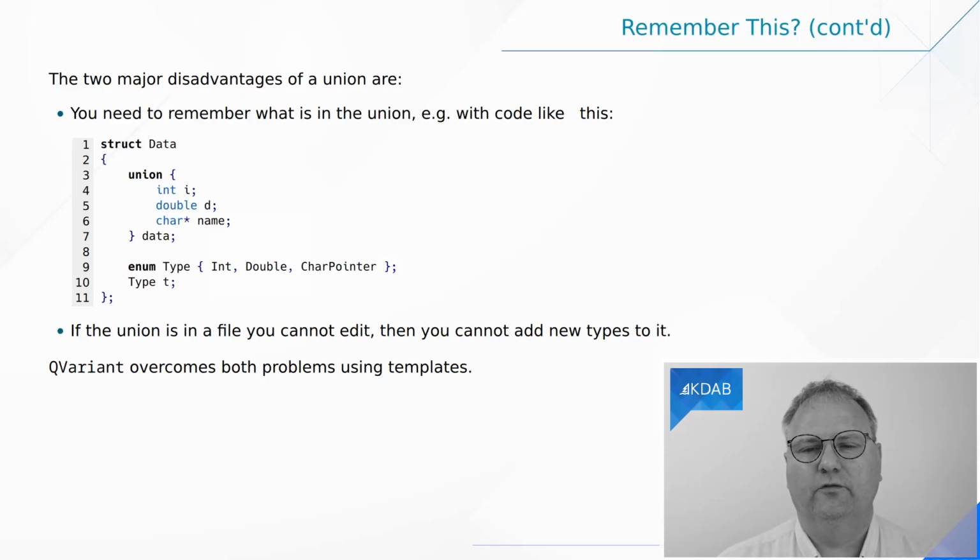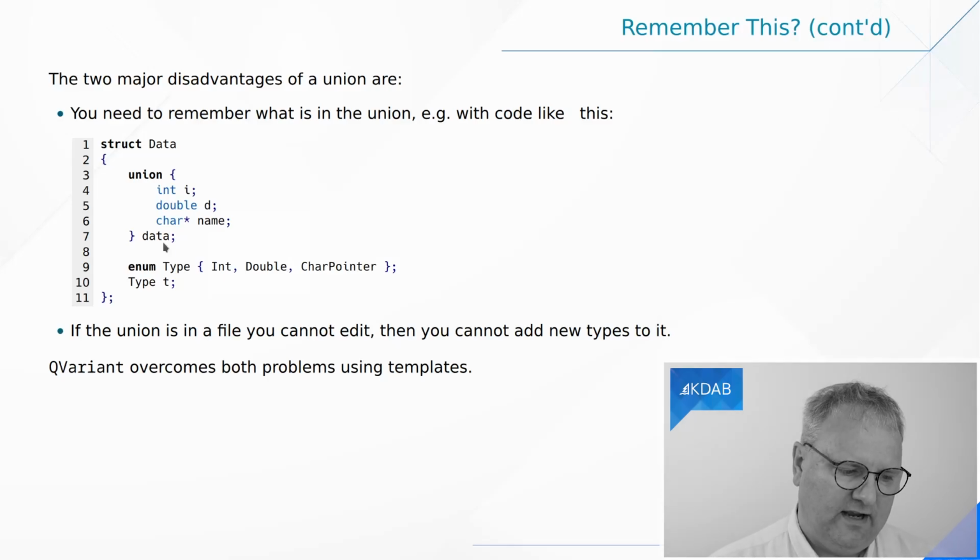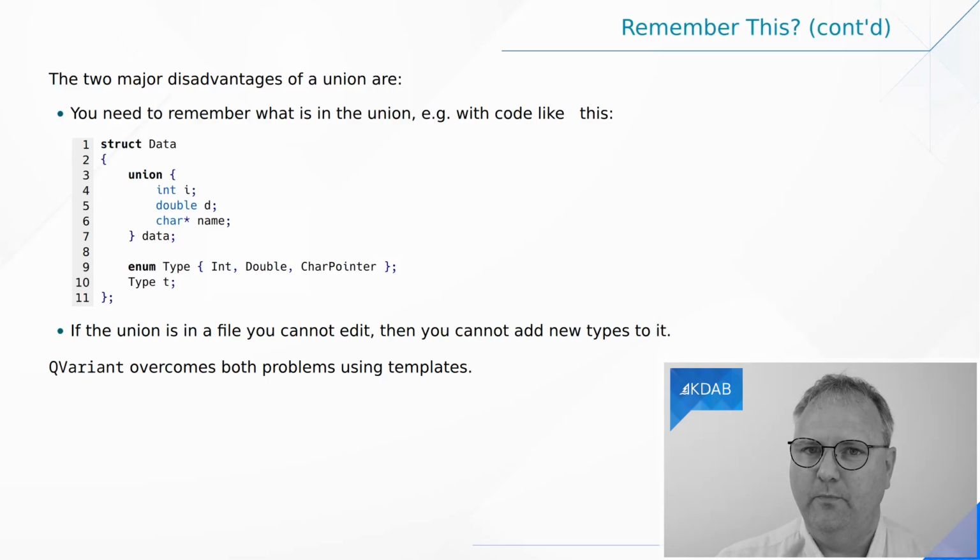Sometimes, as I said, you might know from the context, but sometimes you need to take it and tag it with, as in this case here, an enum that tells us what is the data in that union. That's problem number 1. And what was problem number 2?